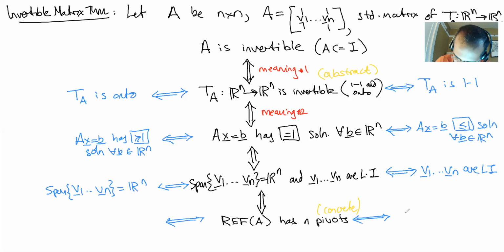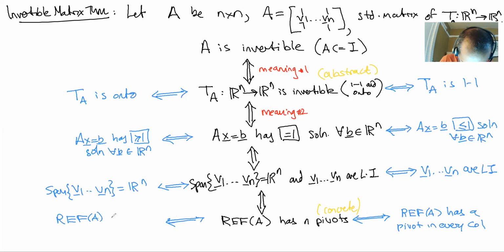That's the same thing as having a pivot in every column, which is the same thing as saying it has a pivot in every row. So actually, all these things are equivalent. All these arrows are double arrows.